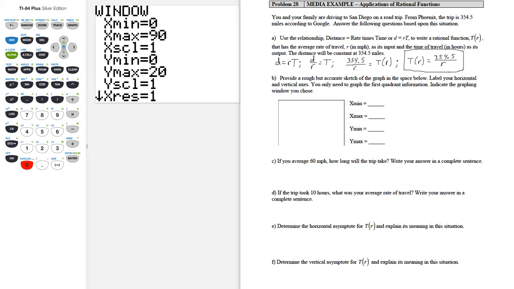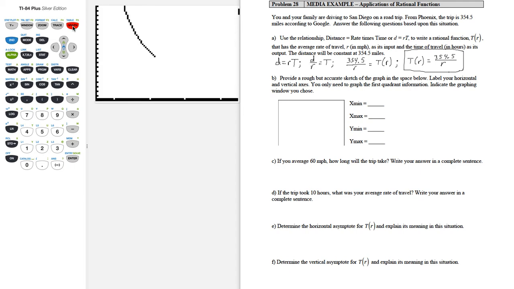So x's are rate of travel, y's are time. These are just a guess to give me a pretty decent shape, but I do know I want all the values in the first quadrant, so everything's going to be positive. Let's press graph and see what we get. Oh, there we go. That's not too bad. I'm going to go with that.